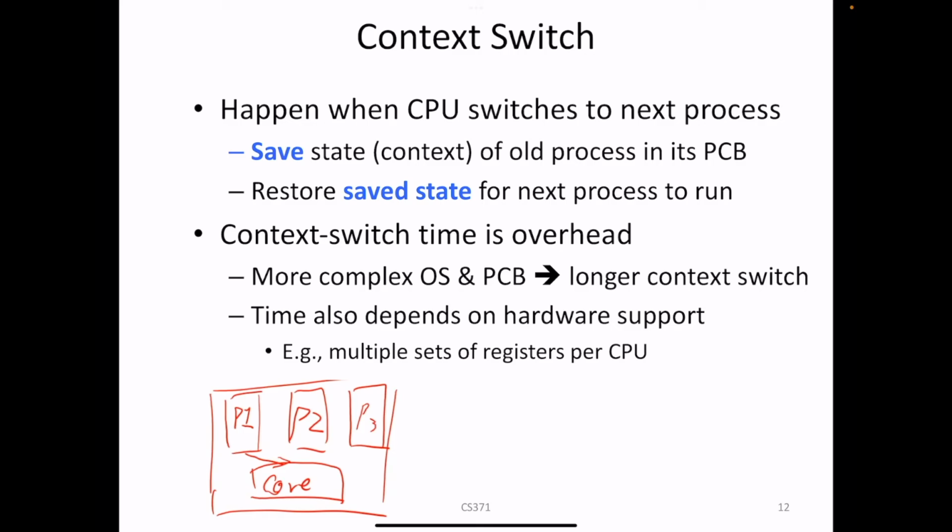Nowadays, we may have hardware support to reduce the overhead of a context switch. For example, traditionally, we only have one set of registers inside the CPU to remember the state of a process, especially for a single CPU with a single core.